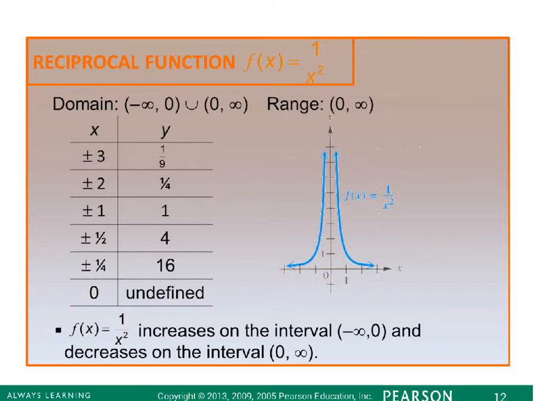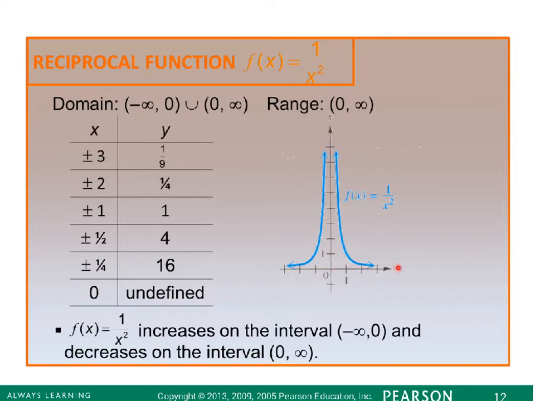Okay, so for this portion, our interval on this side is increasing from left to right, if you read it, from negative infinity to our vertical asymptote at 0. That interval is increasing. And then the rest is decreasing.